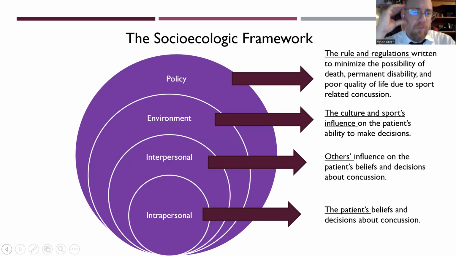This is essentially an introduction to a framework known as the socio-ecologic framework that seeks to describe or understand why concussion symptom reporting is such a problem, right? So it takes into account things like the patient's own personal level of education and their beliefs about concussion. Takes into account interpersonal factors.